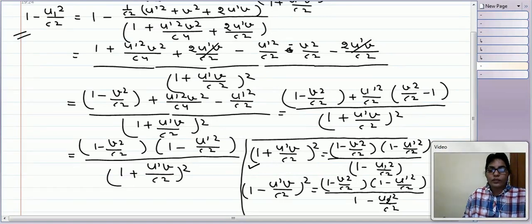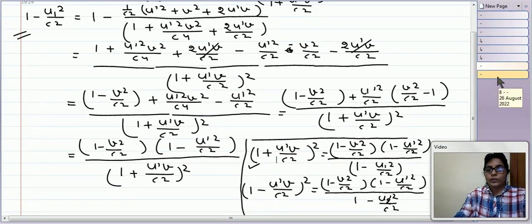So everywhere we have to put u dash as minus u dash. v square will remain v square. Then u dash square, so we will put minus u dash square, and the sign will again be negative because it is a square, and u1 will become u2. So on the same pattern we have written the equation for u2.